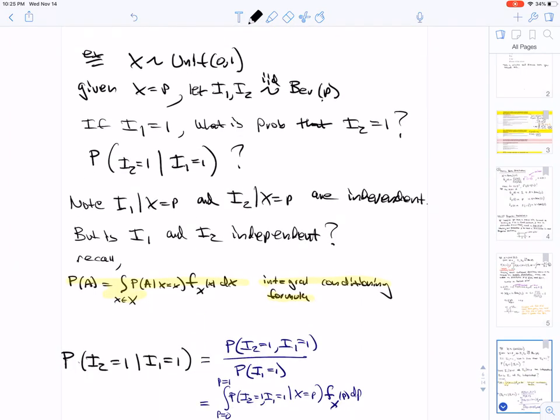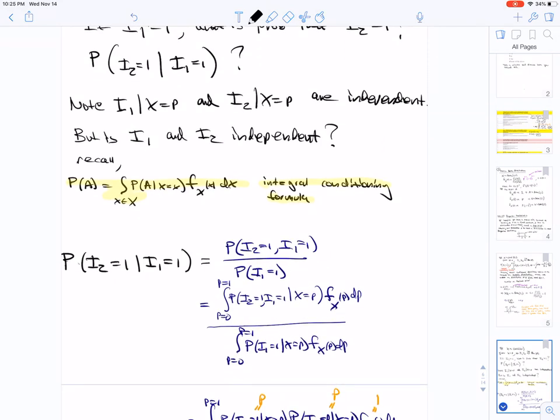So let's find the probability that I2 is 1 given that I1 is 1. So we're going to use our integral conditioning formula. But first we're going to use Bayes' rule, and then we're going to condition.